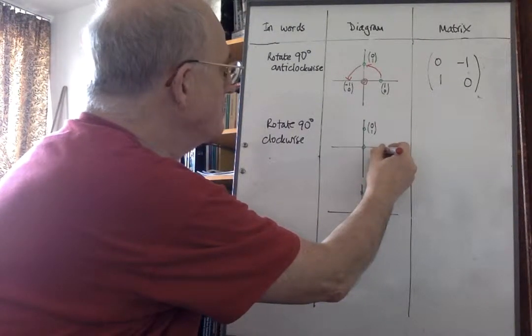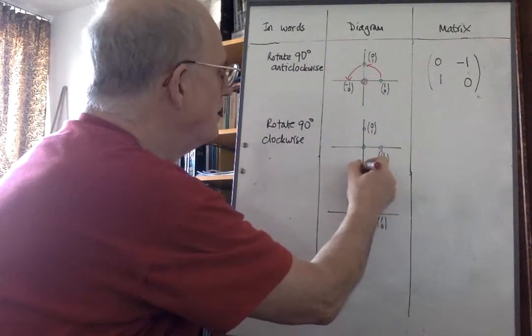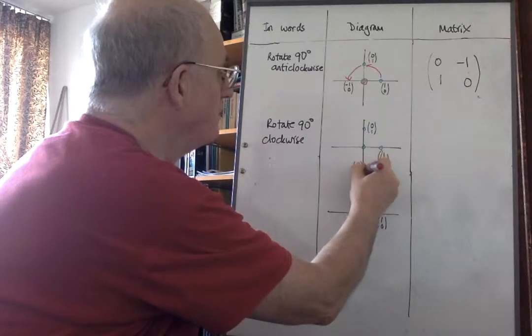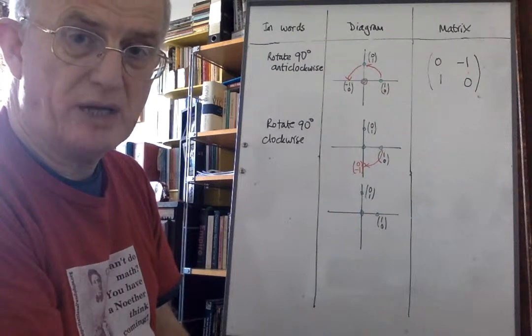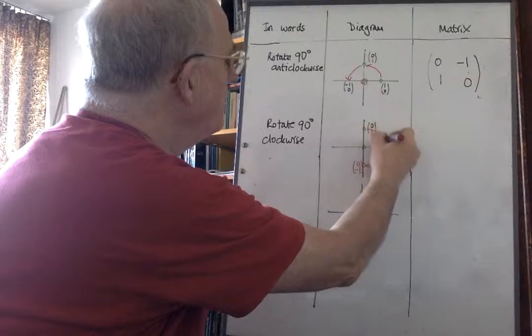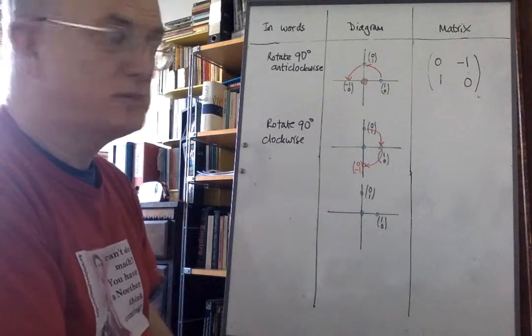Well, it rotates not up that way, but down this way to there, to (0, -1): 0 across, and -1 up, or 1 down, in other words. This point, (0, 1), rotates 90 degrees, so it ends up at (1, 0).